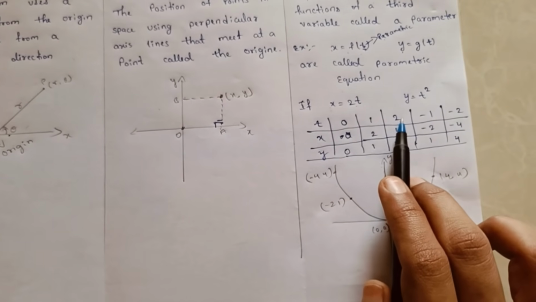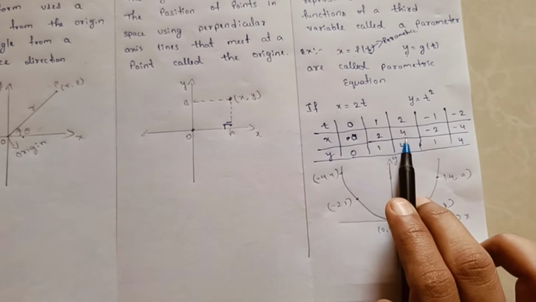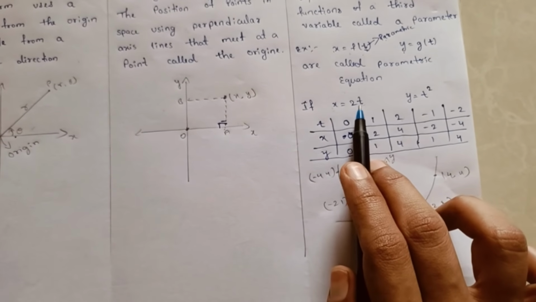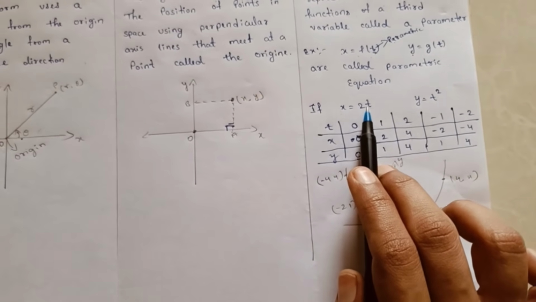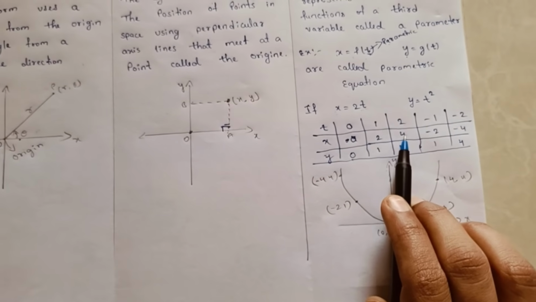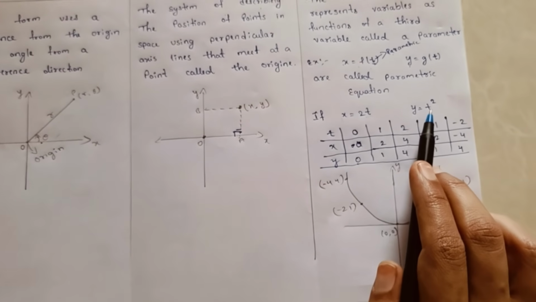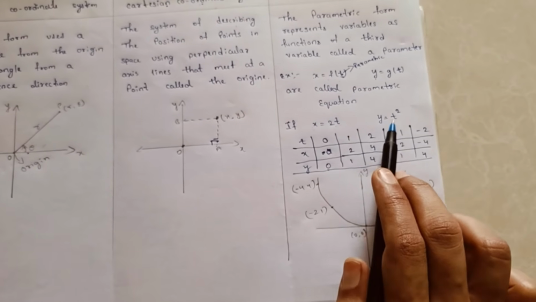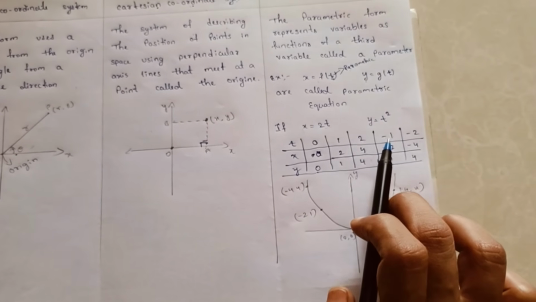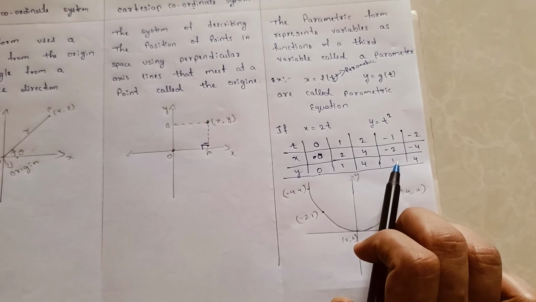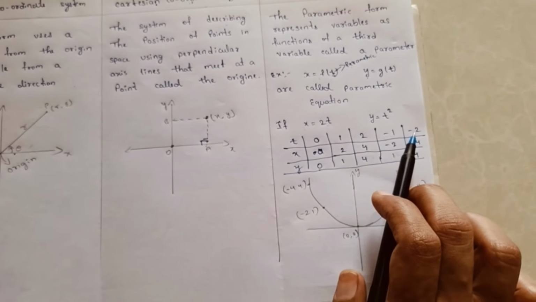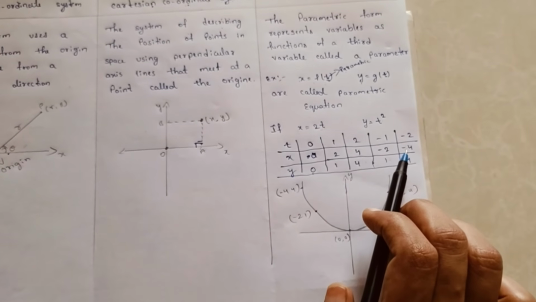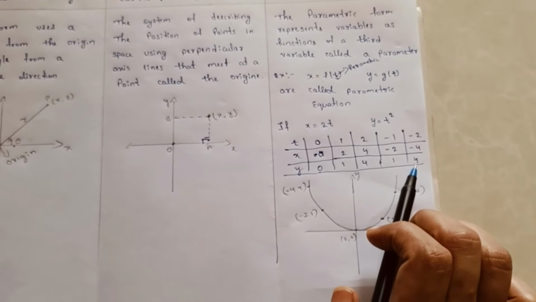When t is 2, x is 4, because we put the t value 2, then 2 into 2 is 4. Again put t value 2, then 2 square is 4, so y value is 4. Similarly, for t equal to minus 1, x value is minus 2, y value is 1. When t is minus 2, x value is minus 4 and y value is 4.